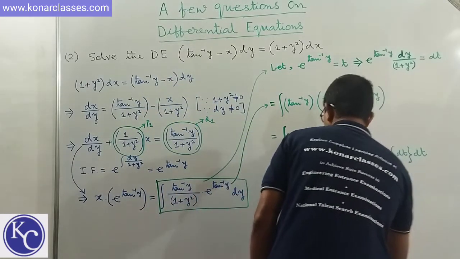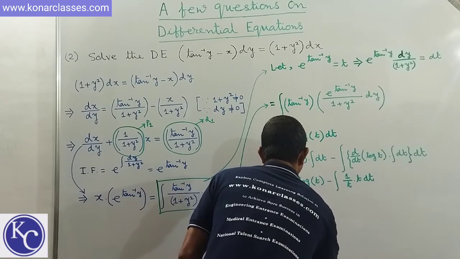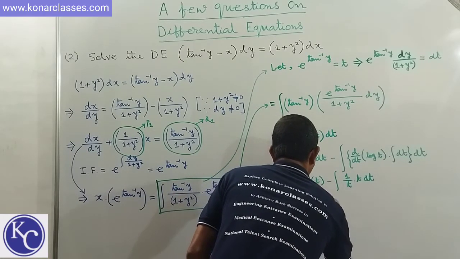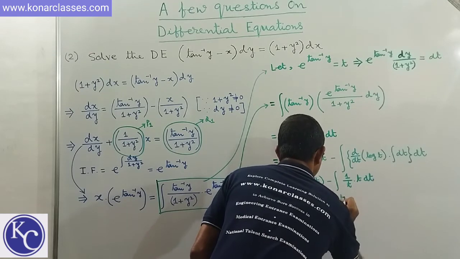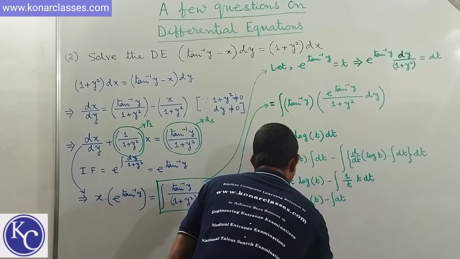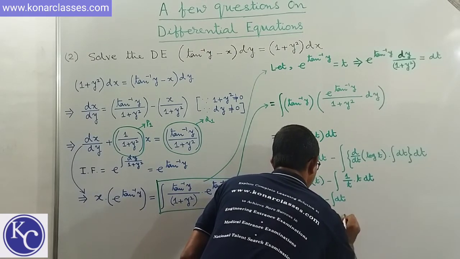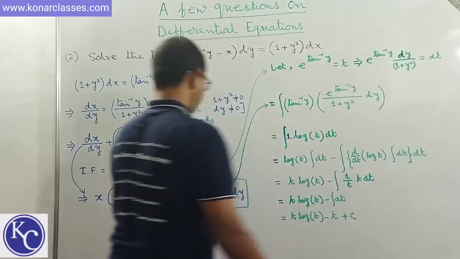So that is equal to t log t minus integration dt, that is t log t minus t plus the integrating constant c.